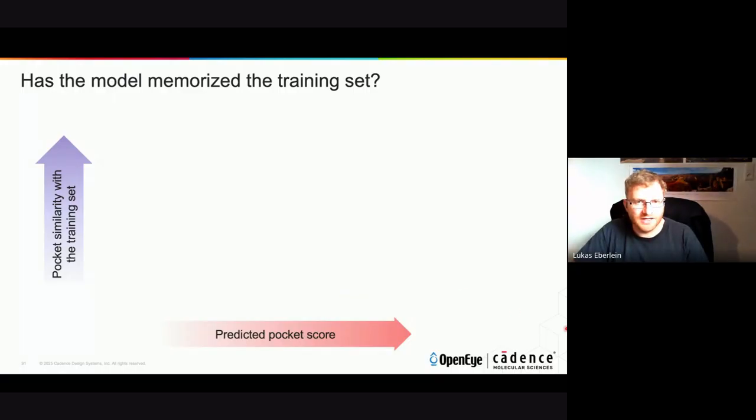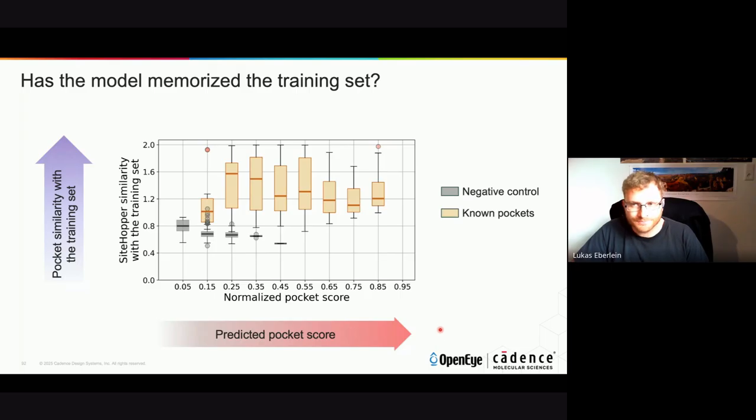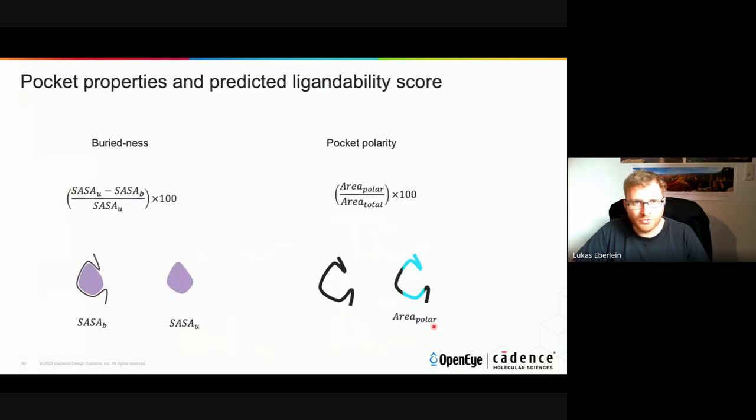First, we plotted the pocket similarity with the training set on the y-axis and the predicted pocket score on the x-axis. We see that for the known pockets, there is no dependence on the similarity with our training set. So this is cool. The next properties we are looking at are the buriedness and the pocket polarity.